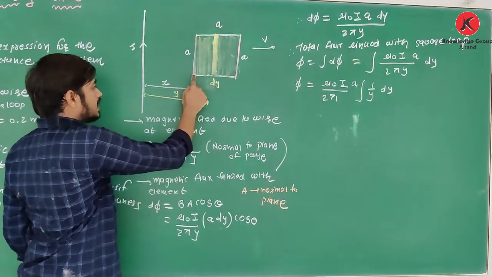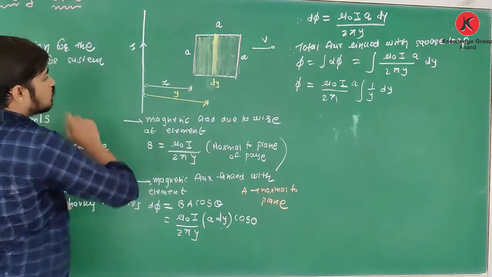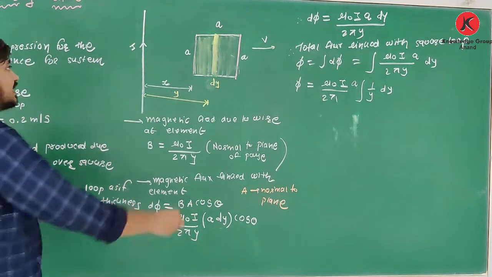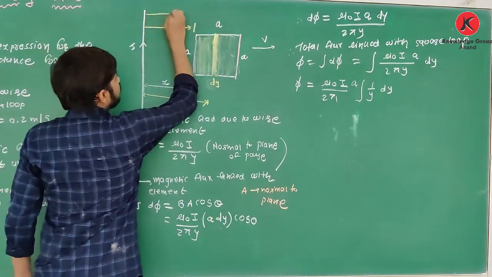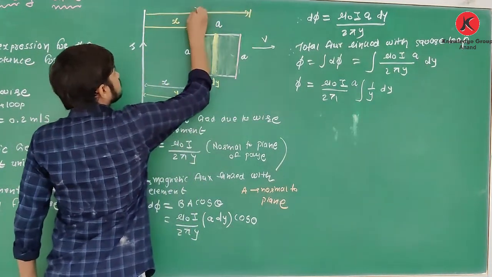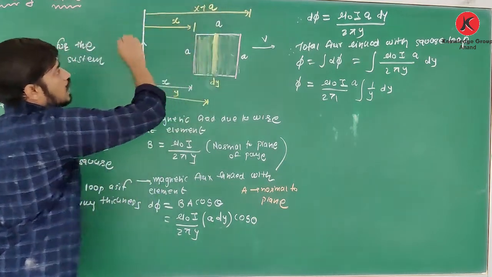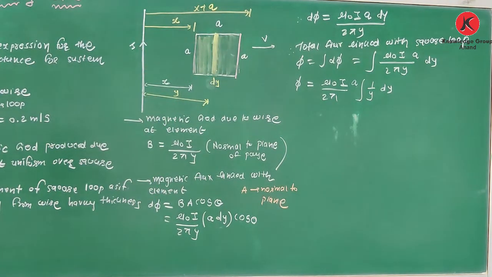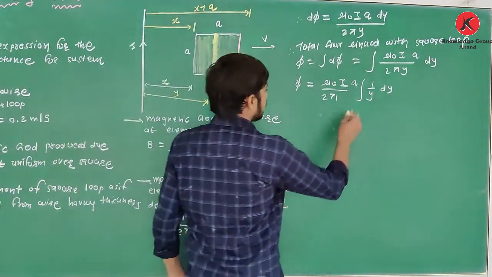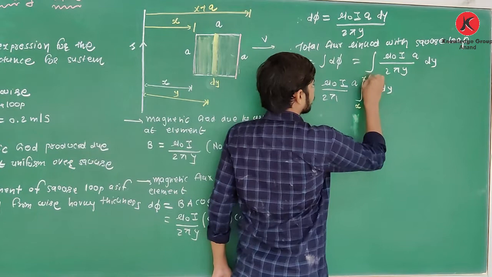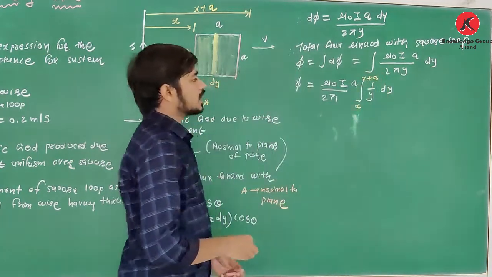This end is at distance x from the wire, and this end is at distance x plus a from the wire. Yes or no? So what is the limit? The limit is from x to x plus a. Clear about this?